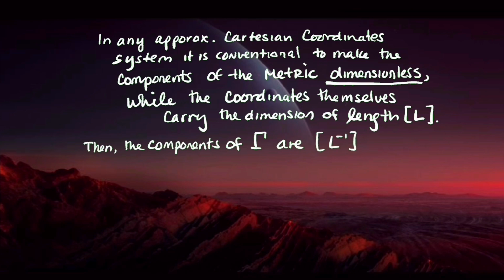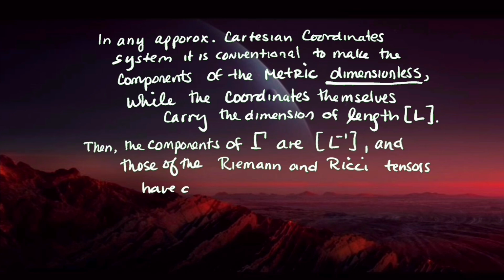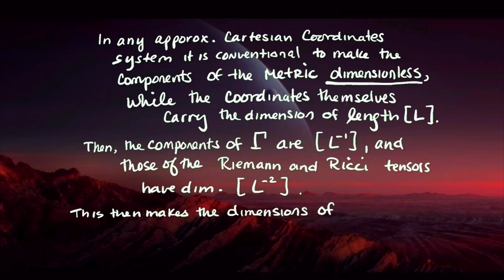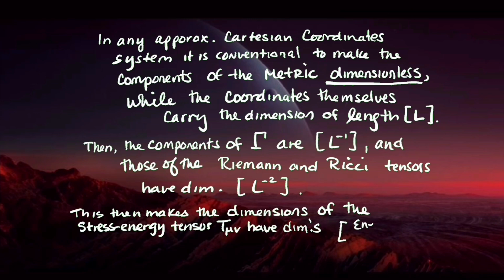Then the components of the affine connection coefficients will have dimensions of 1 over L, and those of the Riemann and Ricci tensors 1 over L squared. This makes the stress-energy tensor have dimensions of energy per volume.